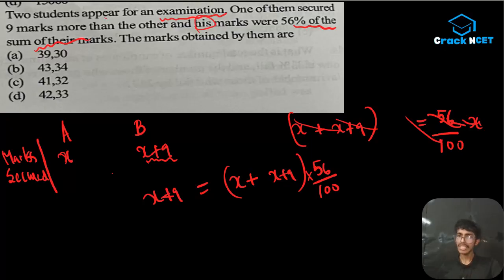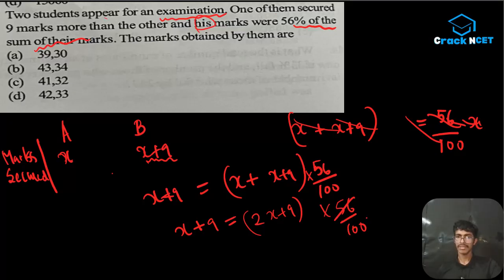ठीक है. So after this further it is easy, solve this question. 2x plus 9 into 56 by 100, crossing out this, which gives 100x plus 900 is equal to 2x plus 9 into 56, and solve the question.